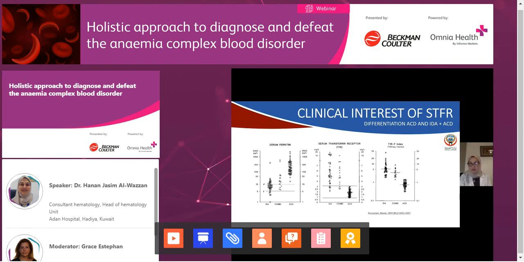and cannot differentiate between. The first figure shows that the ferritin can be elevated in cases of iron deficiency anemia combined with the anemia of chronic disease, and it is difficult to diagnose iron deficiency anemia in these patients because ferritin is an acute phase reactant.